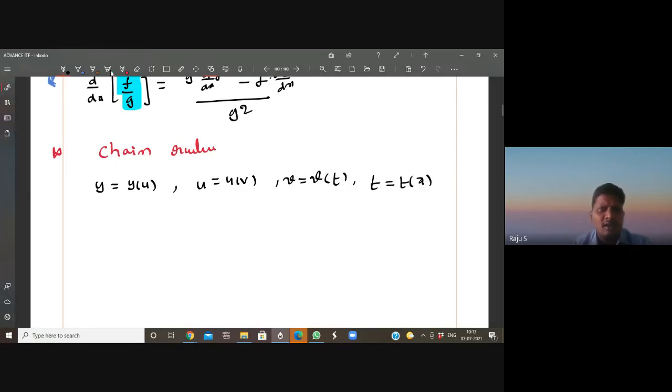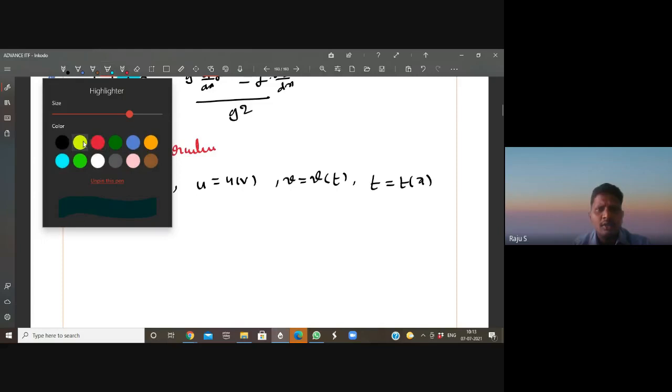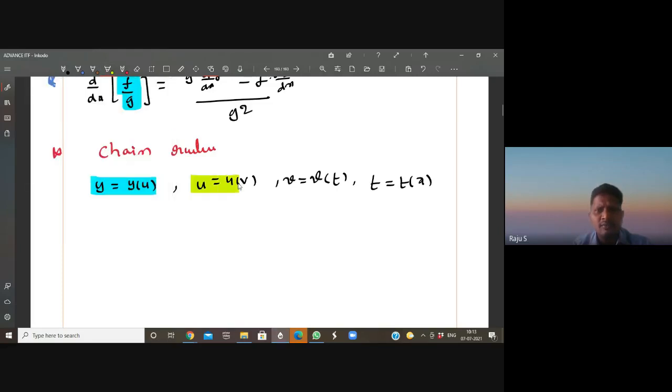I have written it like this. Here y is a function of u, and u is a function of v, which is a function of t, which is a function of x. Finally, I want to find dy by dx. In every question we need to find dy by dx.